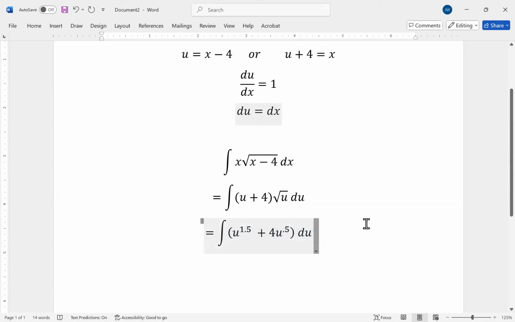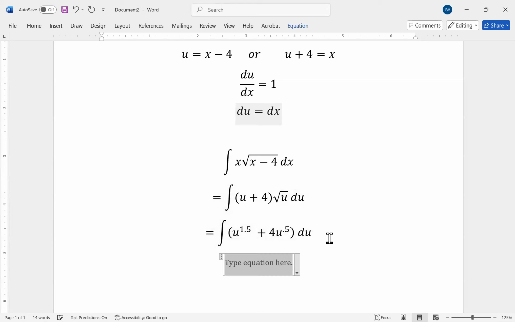So I get that integration, which is my algebraic manipulation: I just distribute the square root of u, and I multiply that times u. That gives me u to the 1.5. 4 times square root of u gives me that.